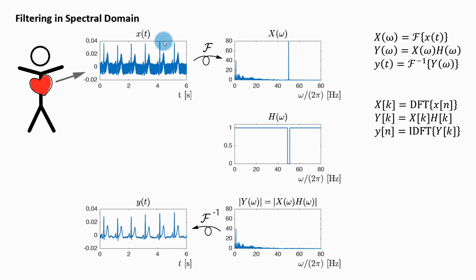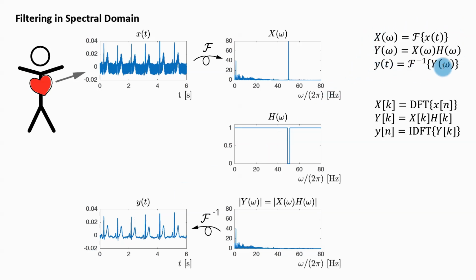I take my signal, I compute its spectrum. Now I'm in the spectral domain, and now I will apply this function h of omega. I will multiply my spectrum with this function h of omega, and I will get my altered spectrum, and then using the inverse Fourier transform I will move back to the time domain and I will get my filtered signal.